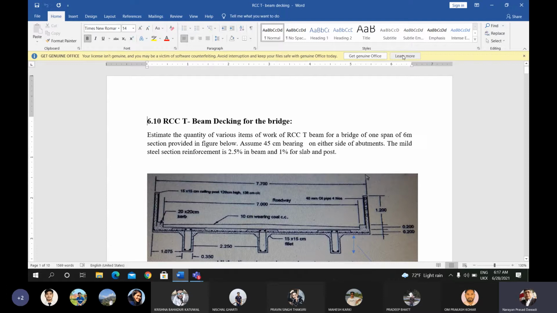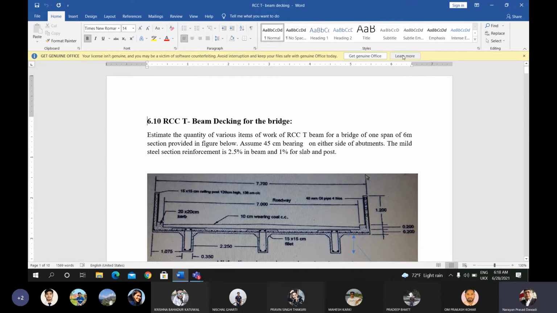And the lower portion of the slab, that is the beam portion. The beam is a rectangular portion plus the fillet portion along the beam. That's why this triangular portion, its height and width, is 15 by 15, that is 15 centimeter by 15 centimeter.